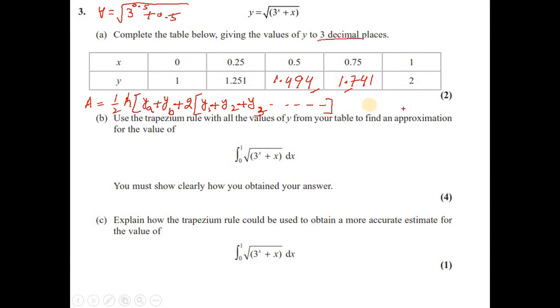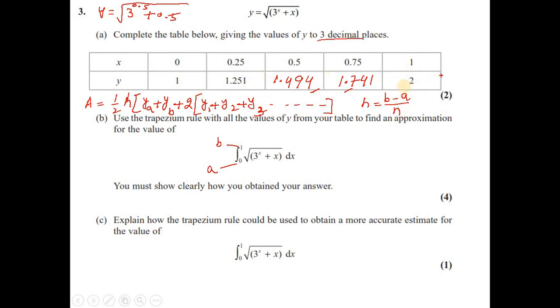where h is the size of the interval, and h is (b minus a) divided by n, where b and a are the upper and the lower limits. In this case, this is your b and this is your a, while n is the number of strips. That means how many intervals you have in your column.